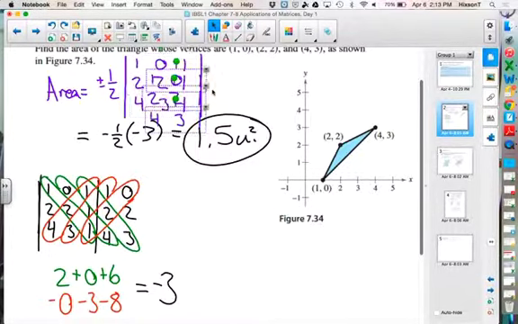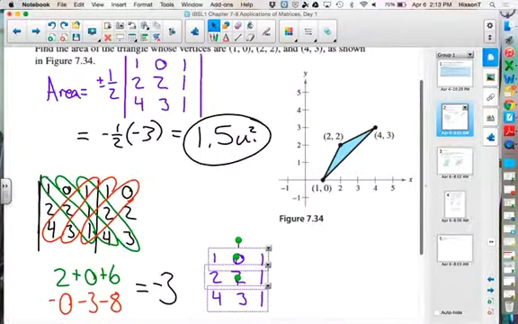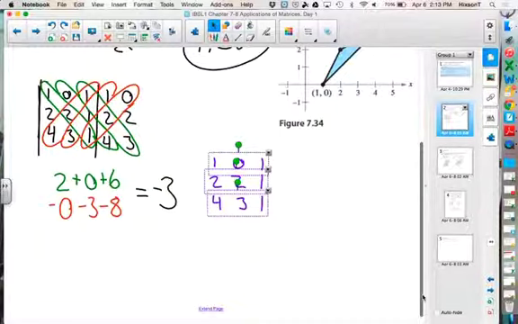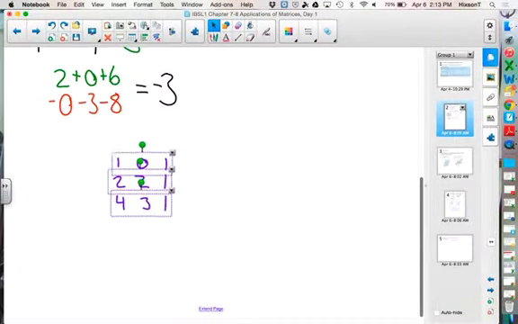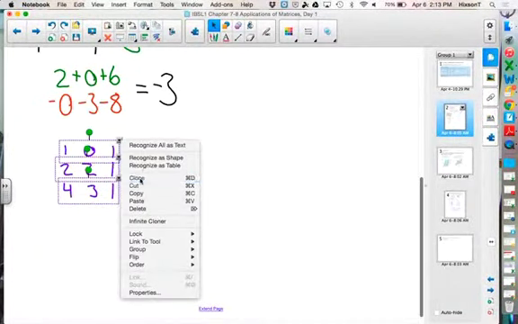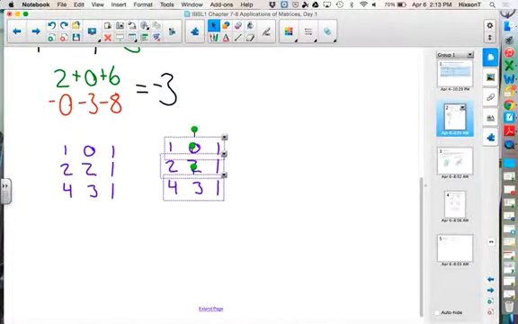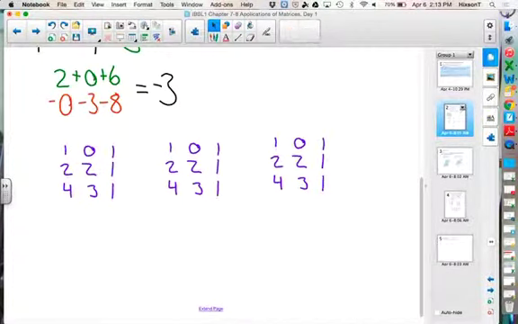Alright. Now, just so we can see the other method, where we used minors and cofactors. Let's look at this real quick.